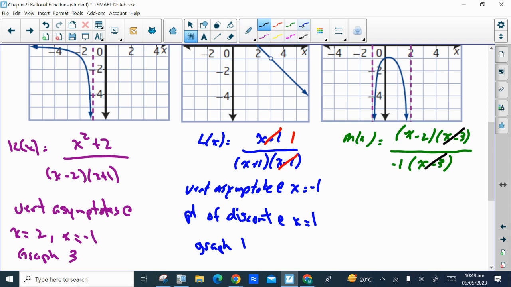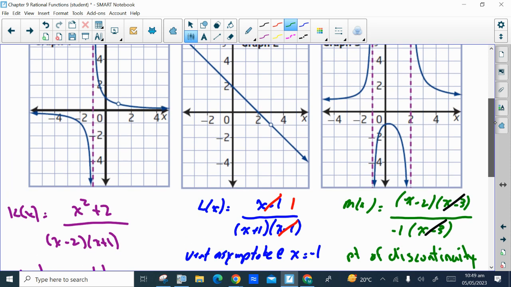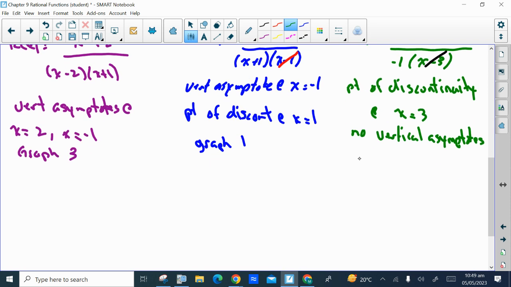And because that factor cancels, that means you'll have a point of discontinuity at x equals 3, there's no vertical asymptotes. Because there's no more factors left on the bottom that contain the variable, which again matches graph 2.